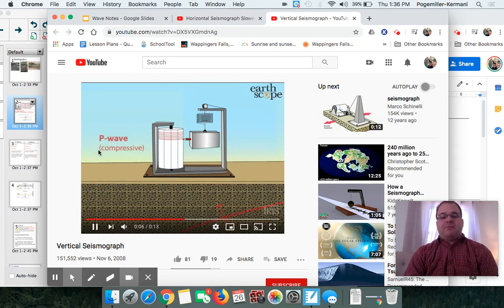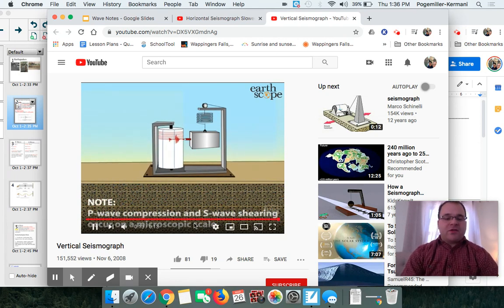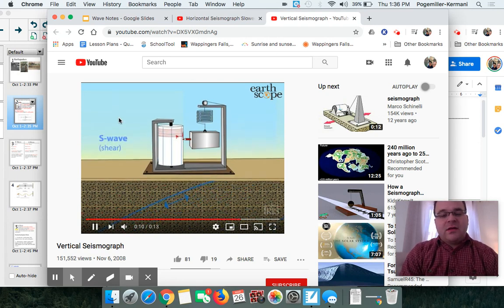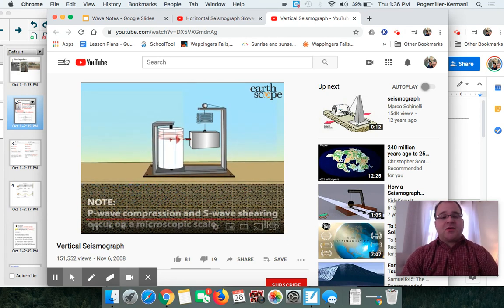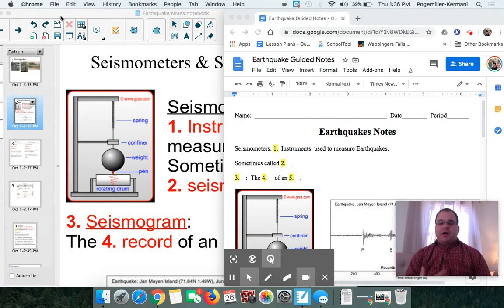So in this example, again, you have a primary wave come, it hits the seismograph, and the seismograph is recording the different types of waves hitting Earth's surface. So the waves could be recorded on seismographs where the drum is horizontal or vertical.